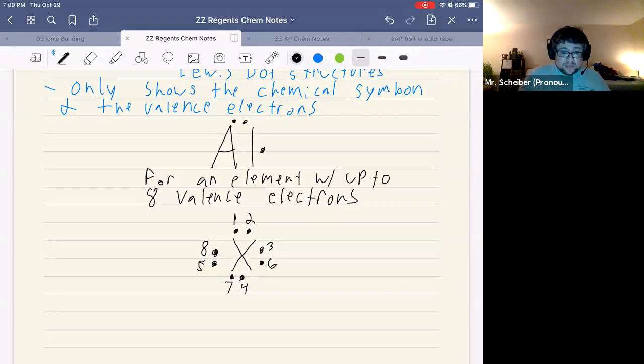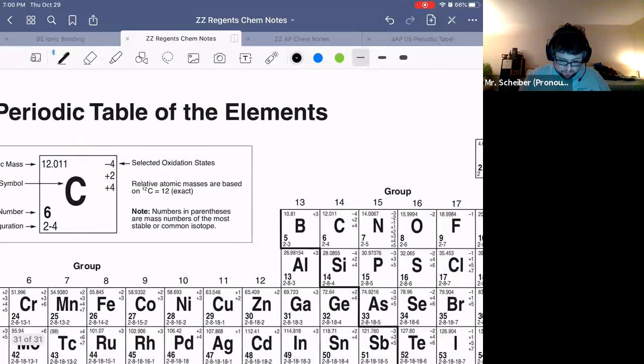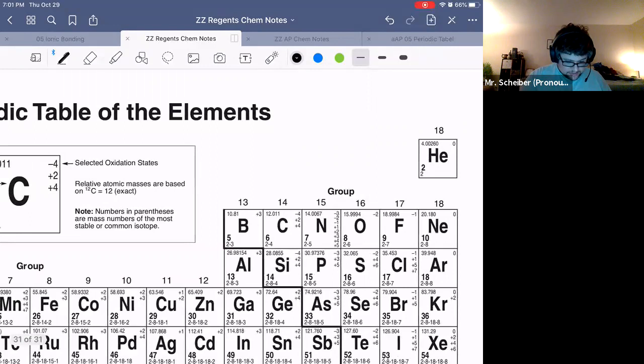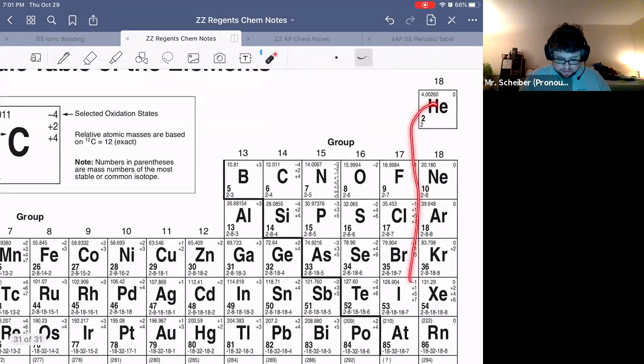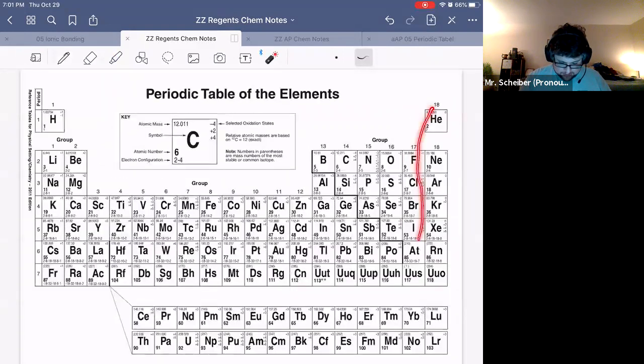Now, let's take a look at the periodic table. I want to focus on just the noble gases for a second. If we look at noble gases, we know that they're all in group 18. They're all in the same group, right?